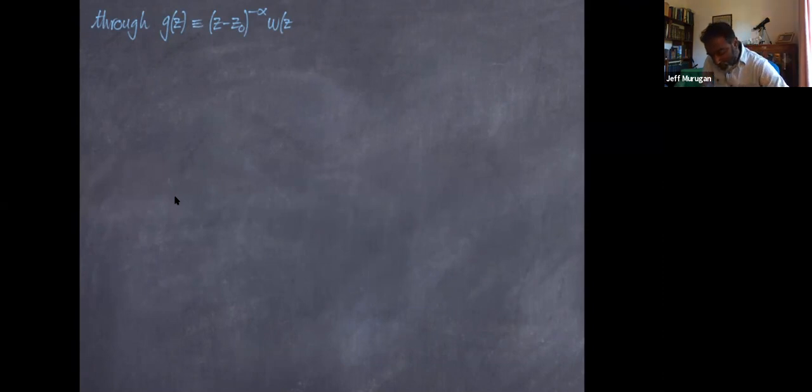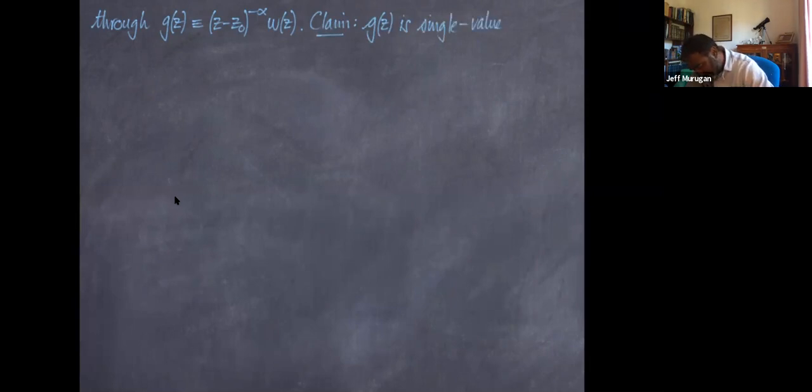My claim here is that as I traverse Z naught by 2 pi, as I go in one circle around Z naught, the function G of Z is single valued. So the claim is that G of Z is single valued as we traverse the circuit.